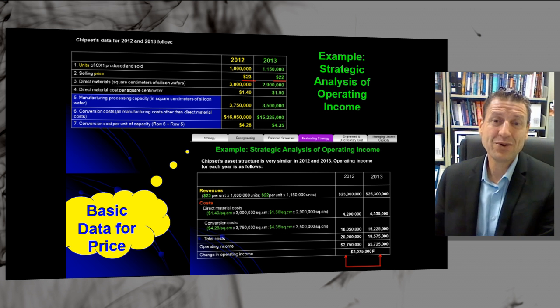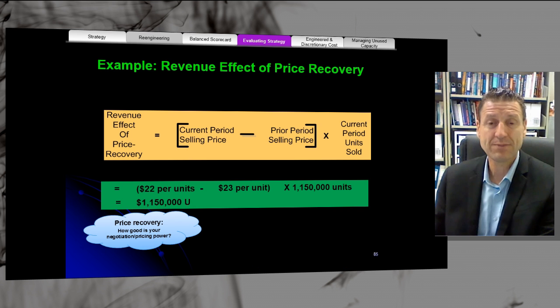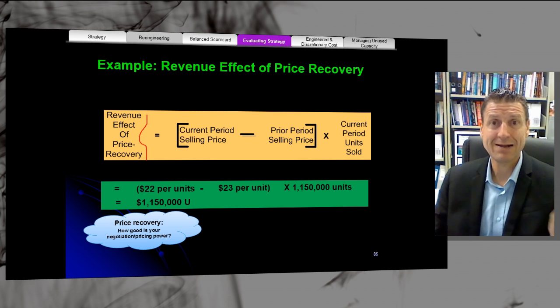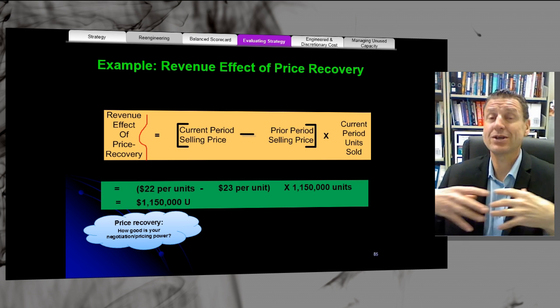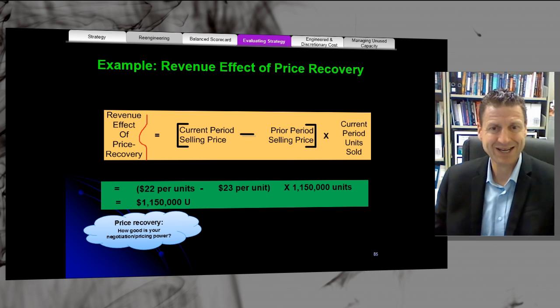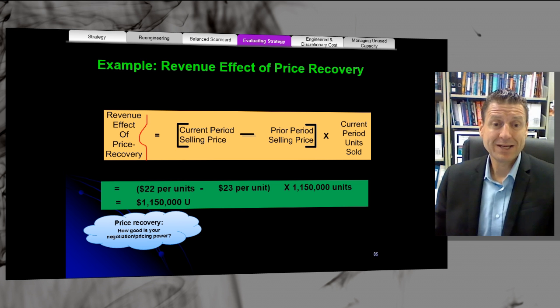So let's have a look at what are the critical ratios we need to calculate for the price recovery component. First of all, we're looking for the revenue effect of price recovery, and basically this is how good is your negotiating power. If you're a really good salesman and you can negotiate better, you can get a better price. How good is your negotiating power?